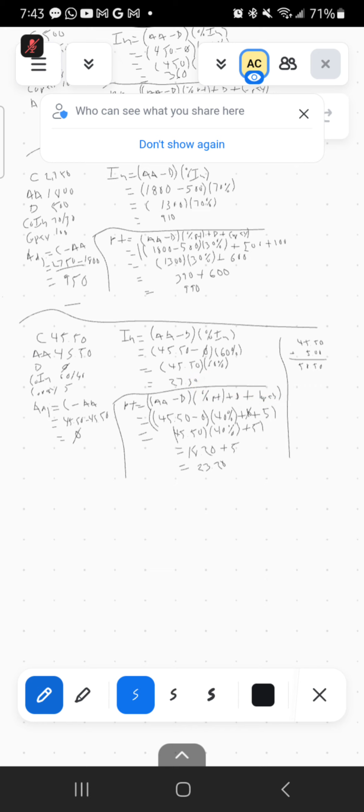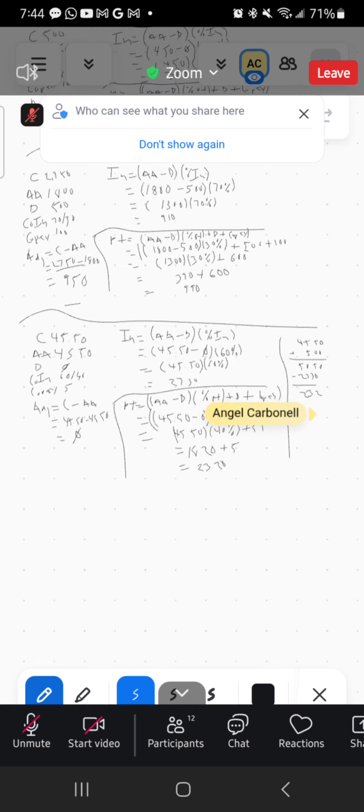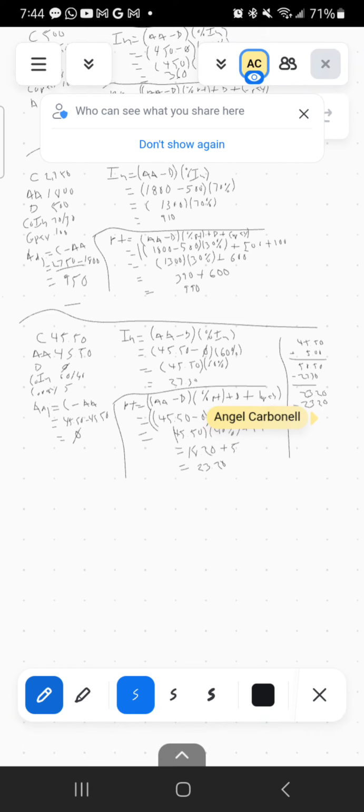So total charges were 4555. We got minus 2730 that the insurance paid, whatever that is. So we have 4555 minus 2730, so 1825. Then 1825 paid by the patient.